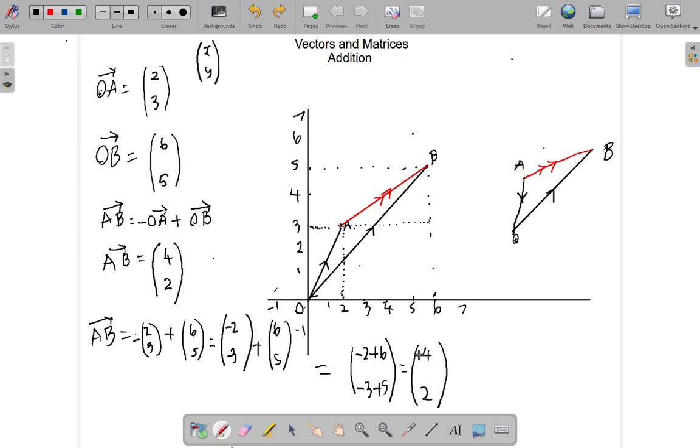So you see here, AB is 4, 2. And you notice it's the same result that we got from looking at the sketch of the vectors. Alright? So AB is 4, 2.